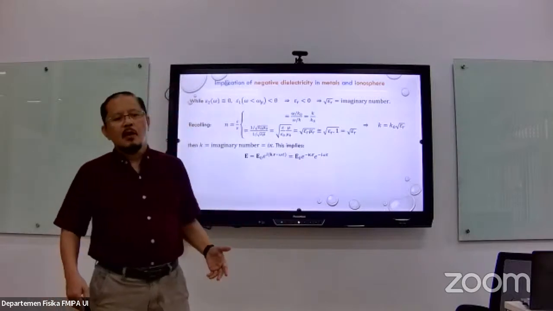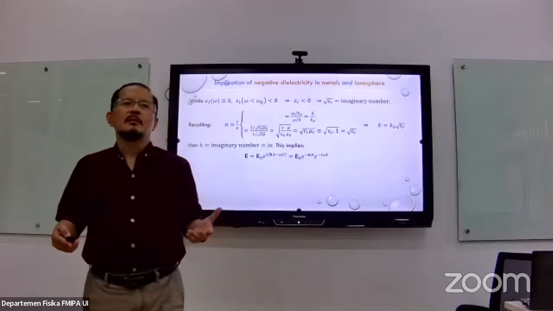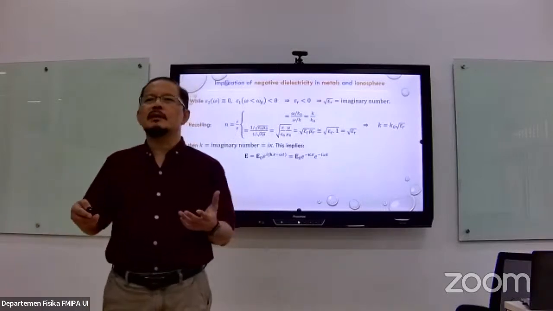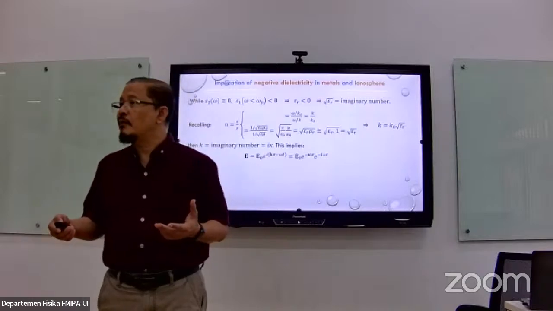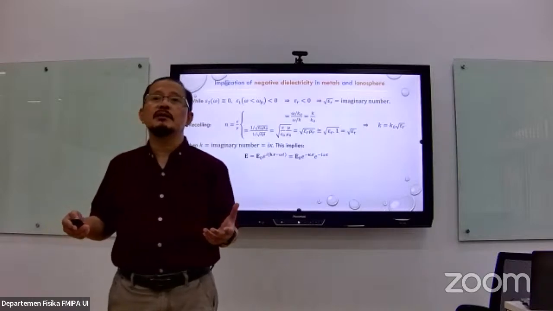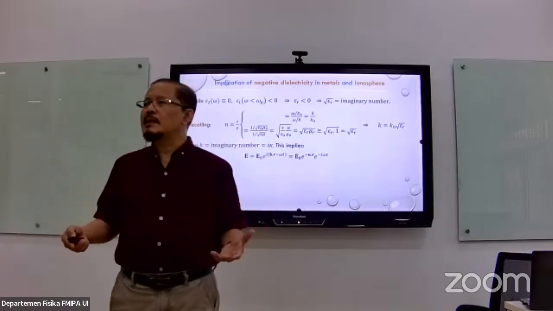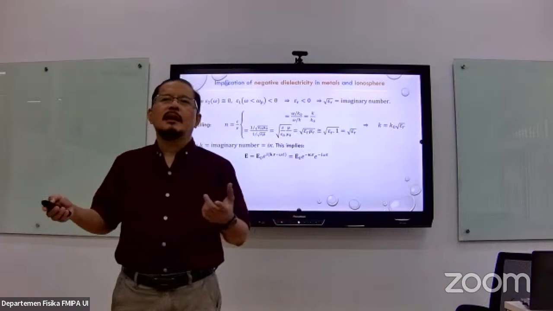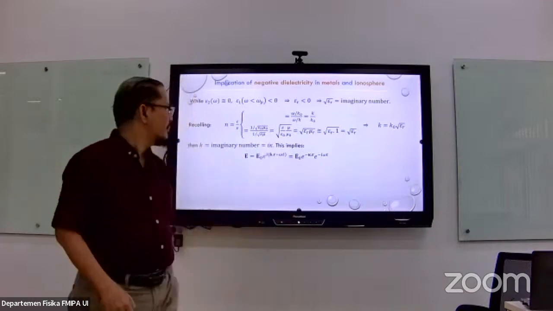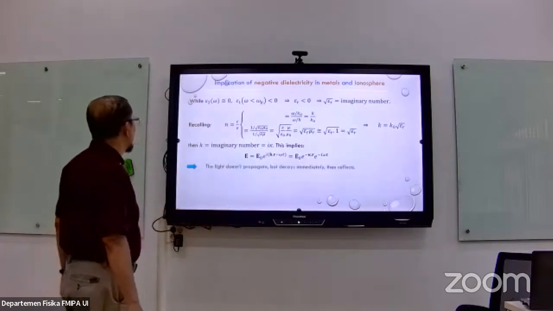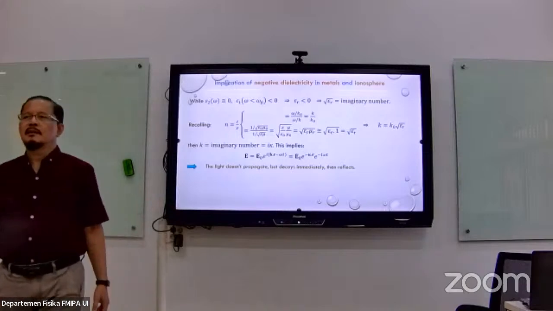Therefore, although I'm using the term frequency, nevertheless, I'm using the unit electron volt, which is the unit of energy. So don't be confused, because energy and frequency, once we have understood quantum mechanics, are just related by a constant. Okay, so this is the conclusion. The light doesn't propagate in.